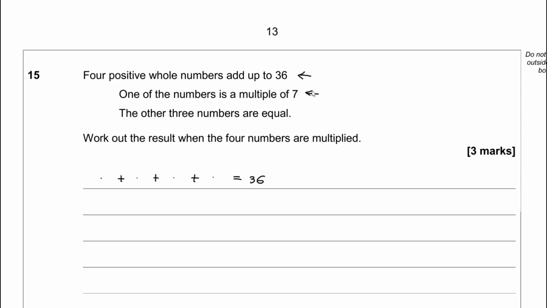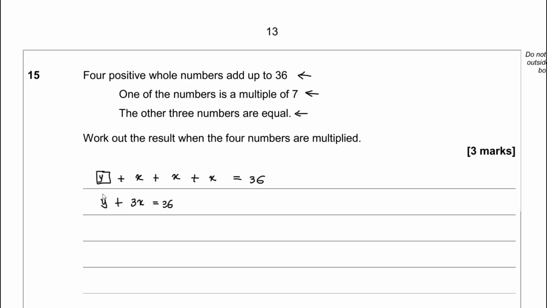And the second information says one of the numbers is a multiple of 7. So we can say that it is something multiplied by 7. Let's say it is a special one and the other three numbers are equal. So we use this information. Let's say if it is x and then x and then x, they're equal, then this one is different. It is y. Then we can simplify this equation into y plus 3x is 36.